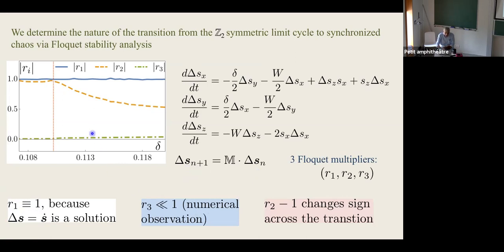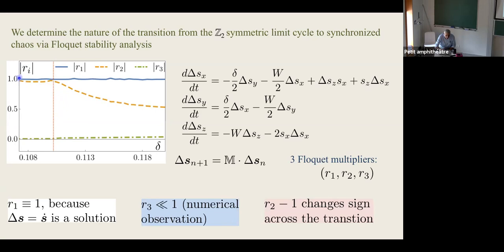Then we numerically find that one of the eigenvalues is always small, so this poses no danger. The remaining one, which is R2 in this notation, goes through 1 at this vertical axis. Don't pay attention to this dotted red line; it is another metamorphosis that happens to the limit cycle, where the waveform changes, but it remains smaller than or equal to 1.